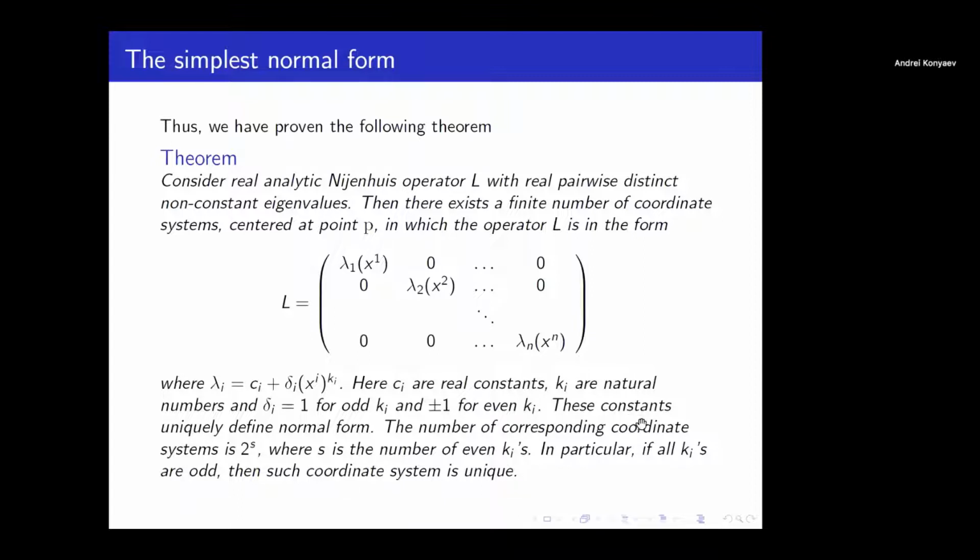There will be s of them, and the number of coordinate systems is 2 to the power of s. This is just the group; the group action here is trivial. It is a Z2 group multiplied s times. You can again just flip the coordinates.